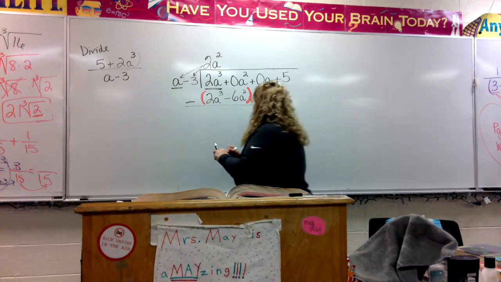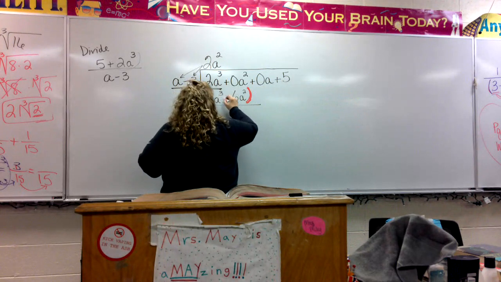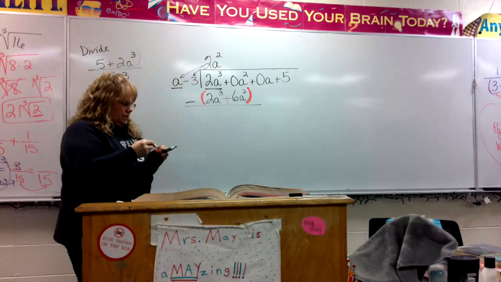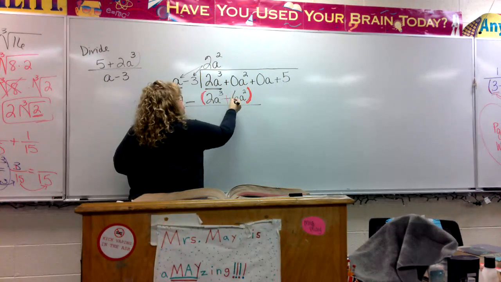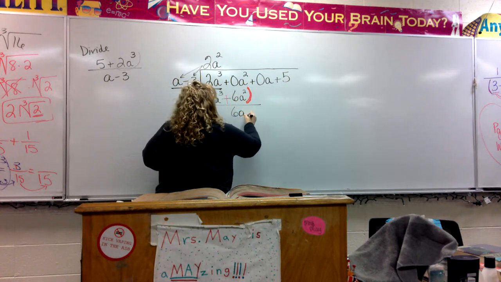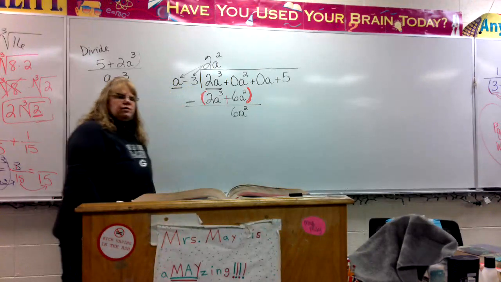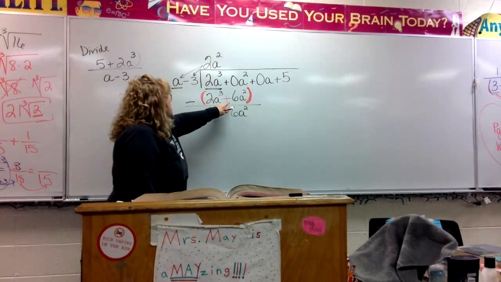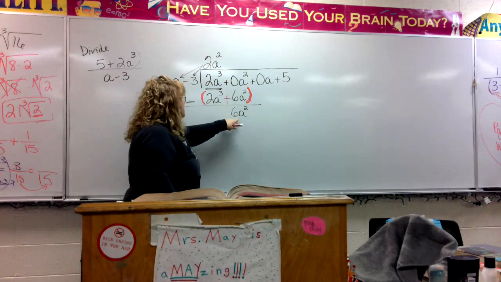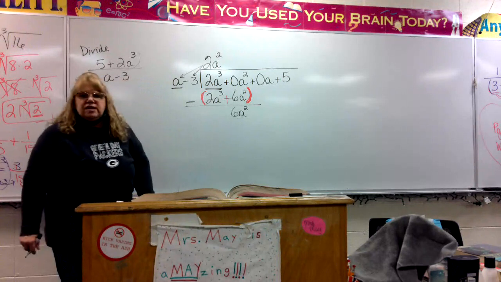So really, this is like adding that. And so 0a squared take away negative, which is like adding it, down here, aren't we going to have a positive 6a squared then? If we're taking away a negative, it's like adding it. So it'll be a positive 6a squared.